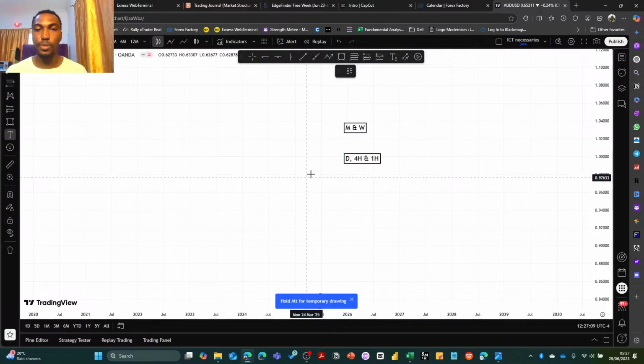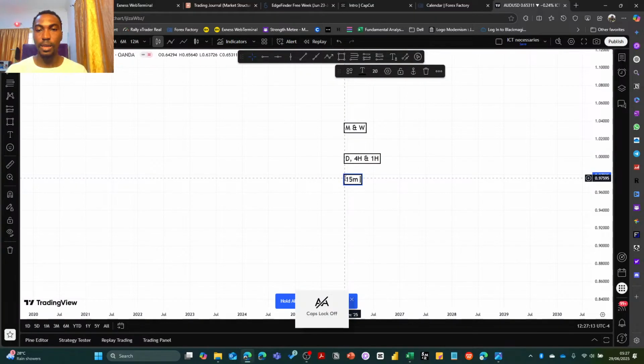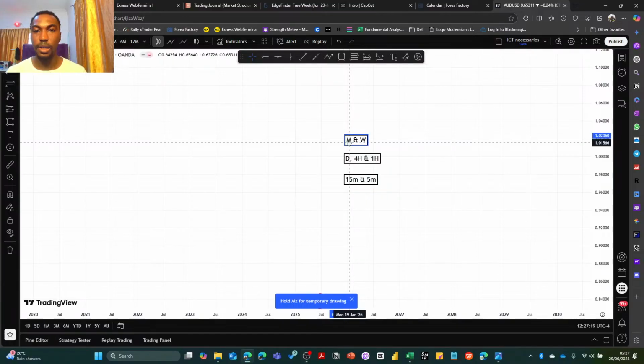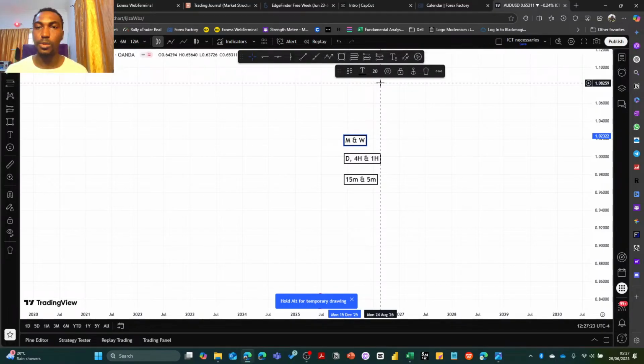After this, we have the 15 minutes and then the 5 minutes. When you look at these time frames, these are the three time frames that determine who you are in trading.